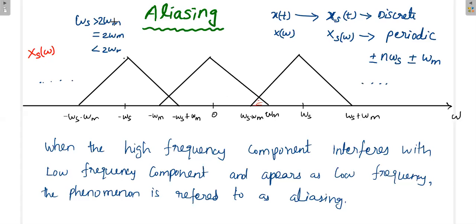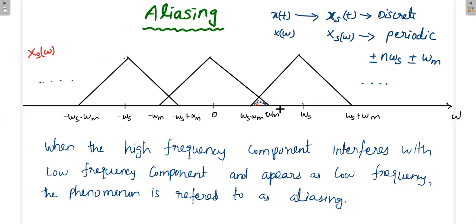We have seen each condition in a separate diagram. If omega s is chosen less than 2 omega m, then definitely aliasing will happen. Out of the three conditions, in this one the high frequency spectrum overlaps with the low frequency. This is called aliasing.